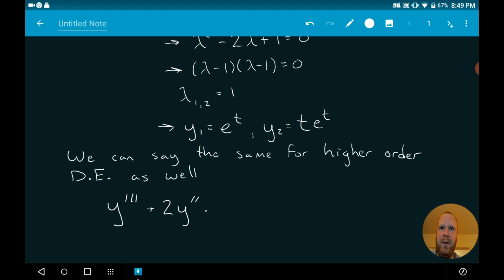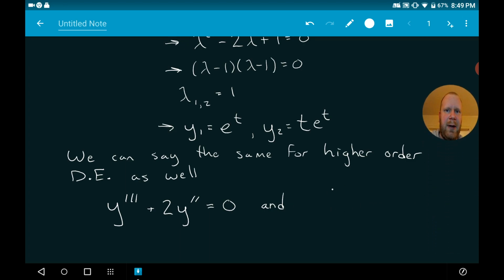plus 2y double prime is equal to 0. And I'm going to make this an initial value problem just to show you what that looks like as well.